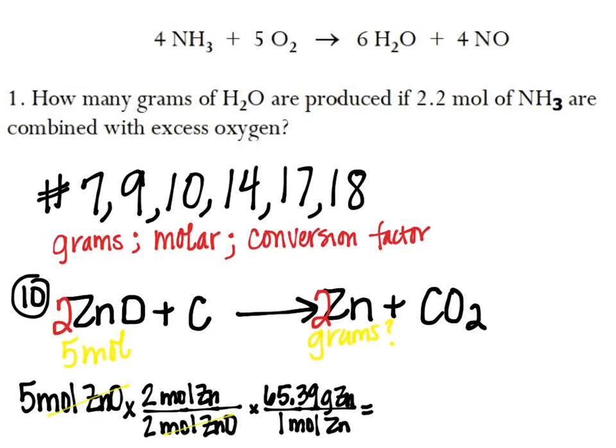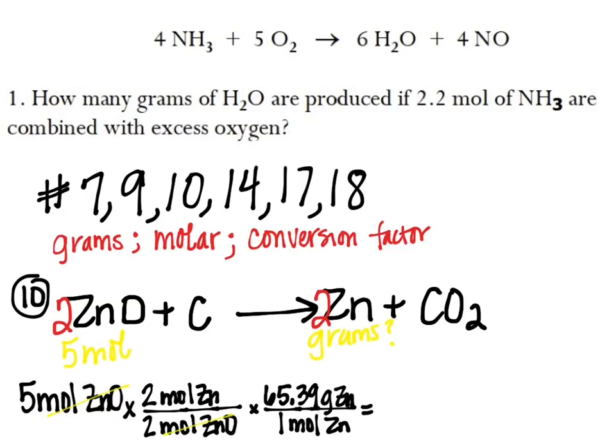So 65.39 times 5 gives 326.95. So we need to have how many sig figs in our answer? We need 3 sig figs in our answer.